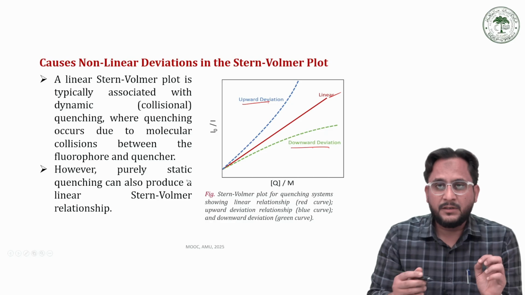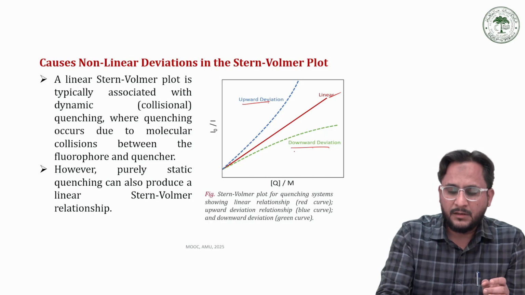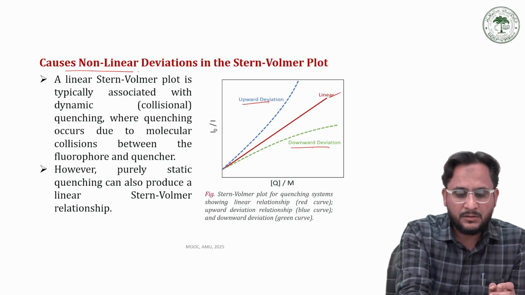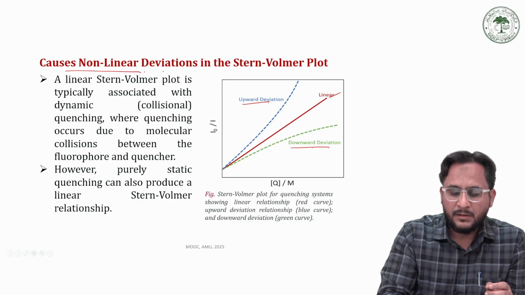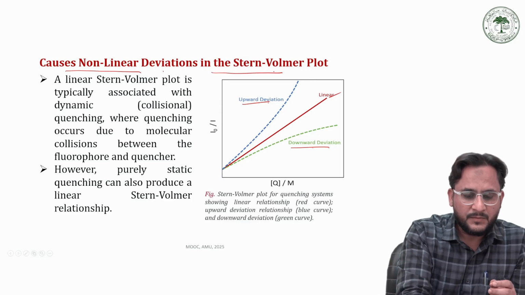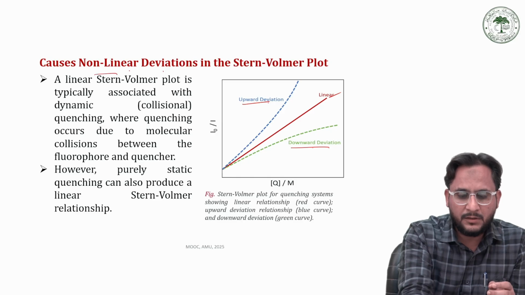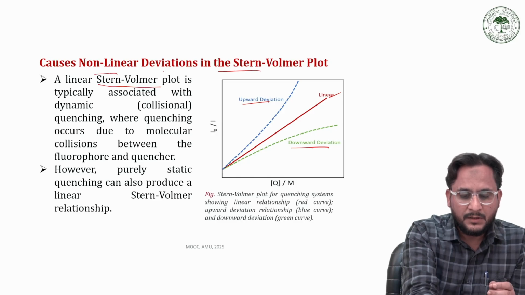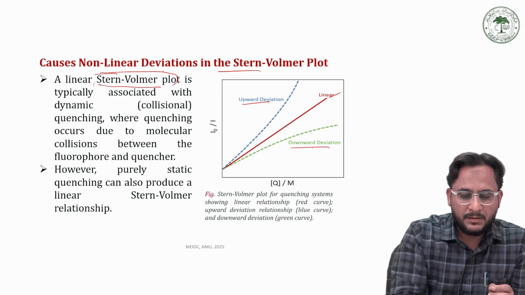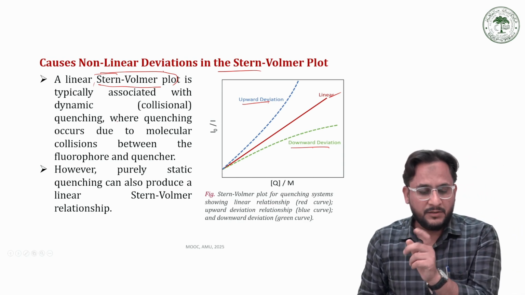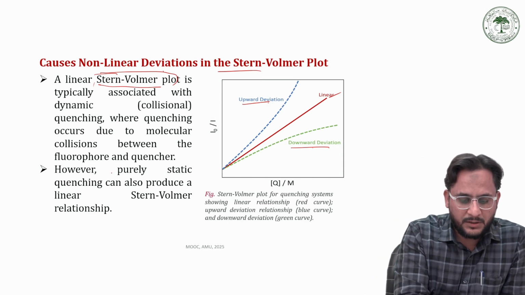In some cases, we have deviations from this linear relation. So the causes of these non-linear deviations in the Stern-Volmer plot occur due to quenching.